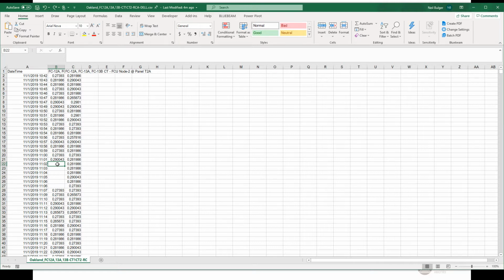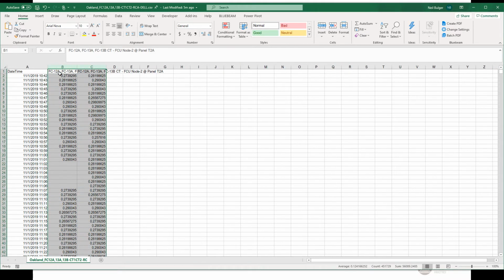So those could be very quick, right? We could do those types of questions and answers very quickly. If we wanted to say, these are both sets of fan coils and they're in amps, and we have data readings for a lot of time, and we wanted to answer the question, how much energy did these fan coils use? That's a more challenging question.